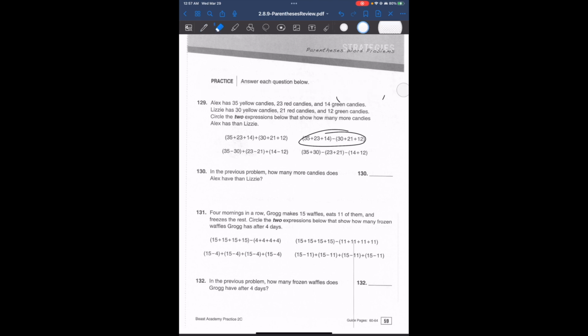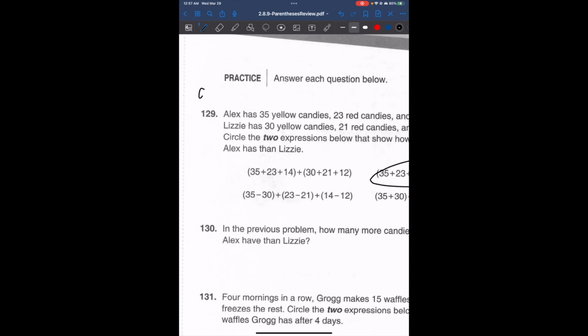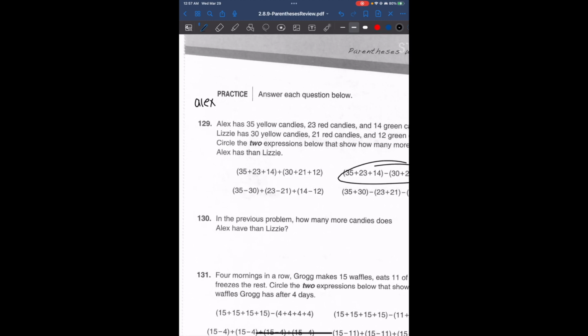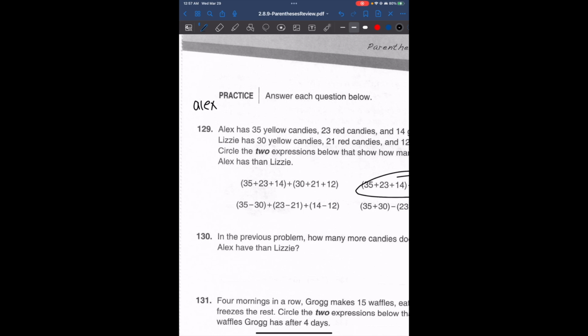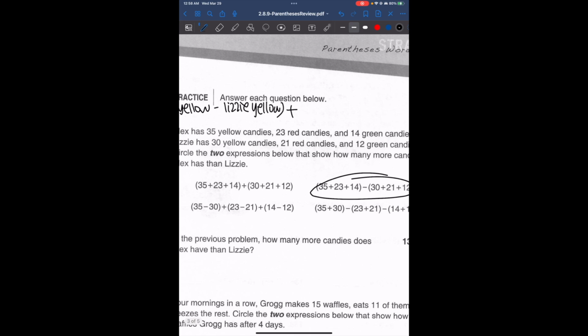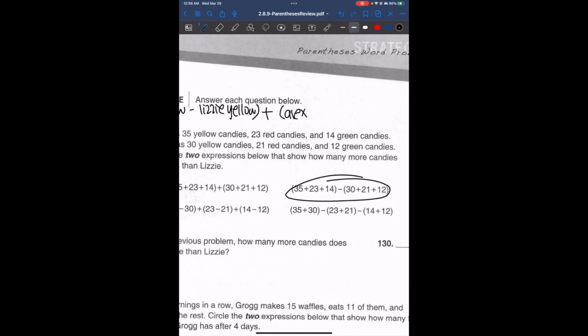And then another way that we can do this again is grouping it by category. So instead of doing total Alex minus total Lizzie, we're now categorizing it based on the color. So we're doing Alex yellow minus Lizzie yellow. And then we add that to Alex red minus Lizzie red.